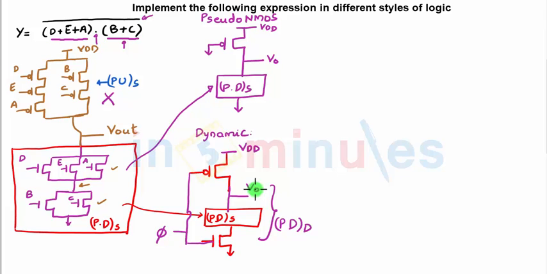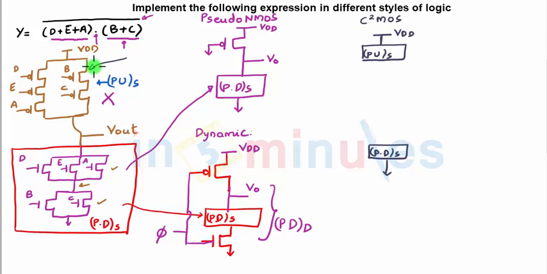To wind up, let's quickly implement this using C²MOS style. So in C²MOS style, we know that we'll have to draw the same pull-up like we drew for static, and we'll have to draw the same pull-down as we drew for static. This is VDD and this is ground. Already if you have drawn this exactly, VDD is also incorporated in that box, so you don't have to get confused. Or if you have just drawn the transistors, then VDD is present.